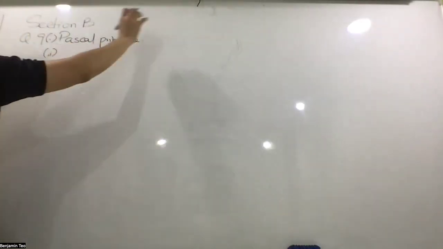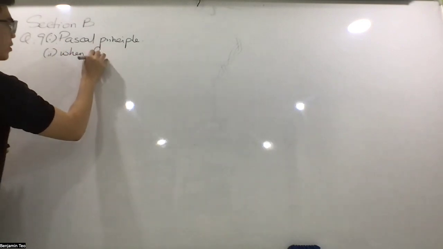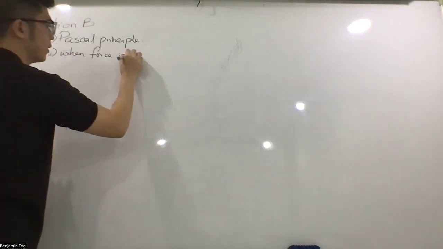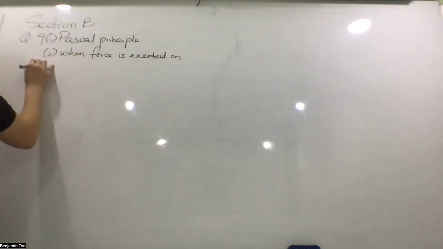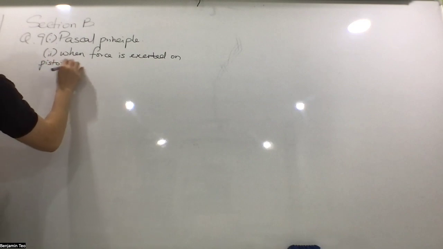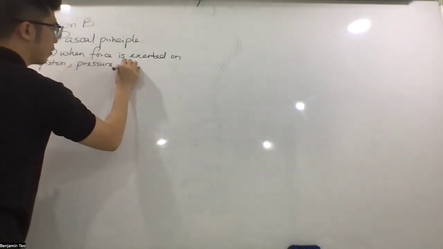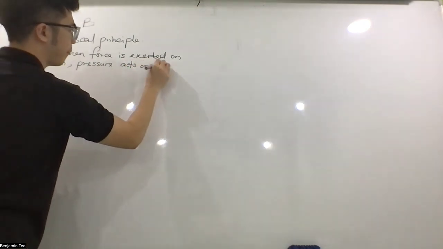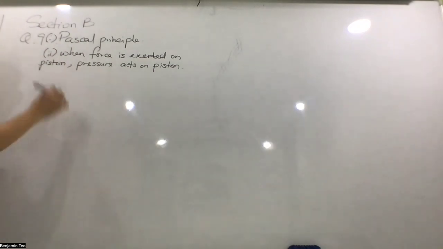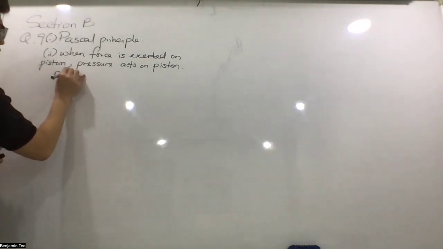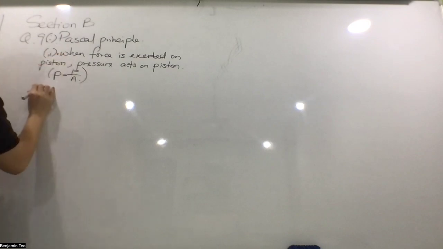Okay, 你要讲它的 formula. So you say when force is exerted on piston. Pressure acts on piston. So pressure to be force over area. Point number one.